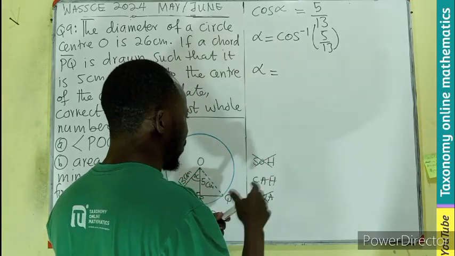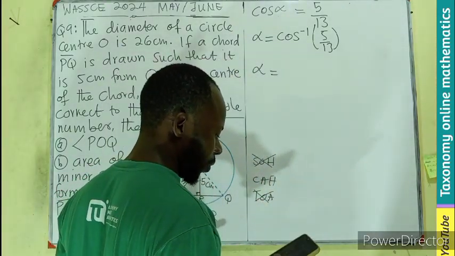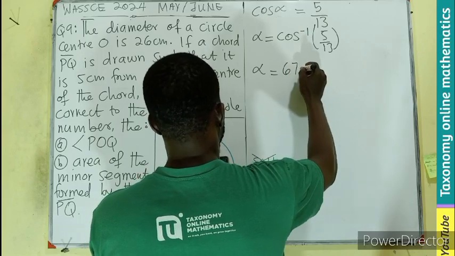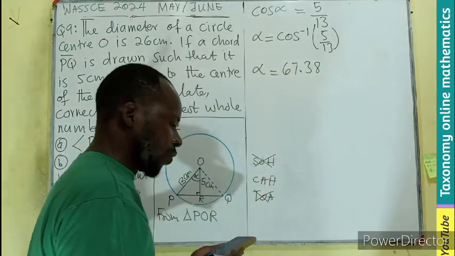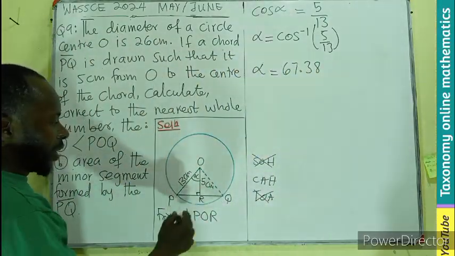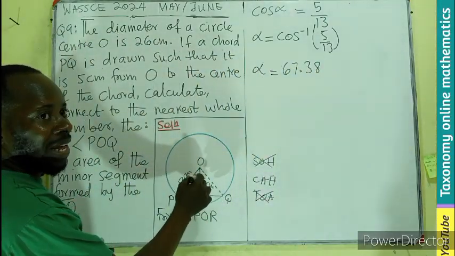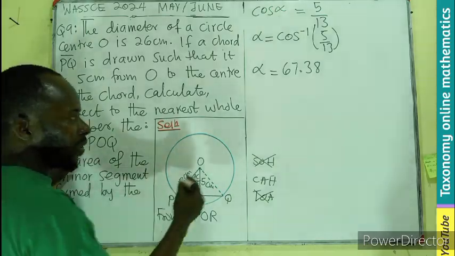So alpha will give us 67.38 degrees. But let's hold on to that. That is not what we are looking for. We are looking for the angle at the center, which is twice of that.